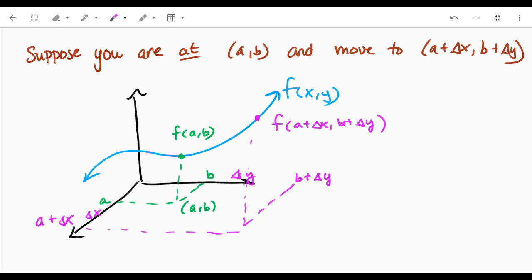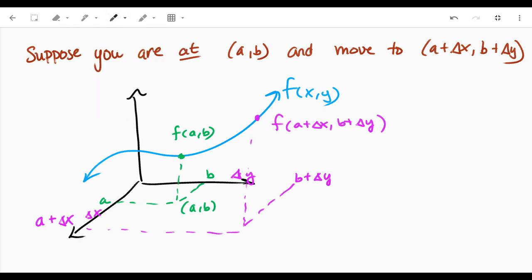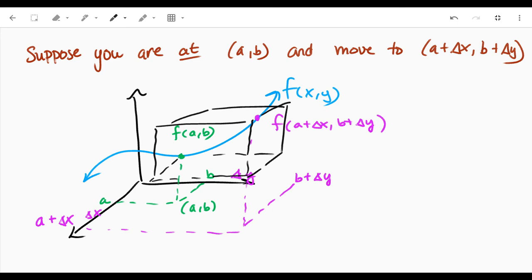Okay, so I'm going to kind of draw a little cube here to kind of help you picture the 3 dimensions there. Okay, so kind of picture we're in that little back bottom corner, the green dot to start with, and then we kind of move along that curve and we end at the purple dot.